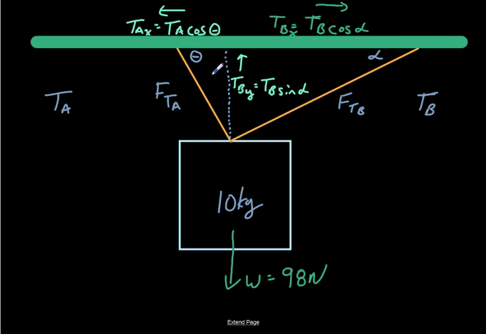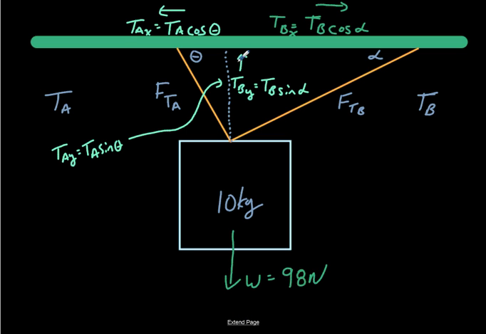And the last one's going to be tough to fit in here, so I'm going to draw a little arrow. I'm going to say TAY equals TA sine theta. Okay, so we've now assigned everything in here a value. We've got a force of tension here, a force of tension here, and we've now mapped out all the components and which way they point.